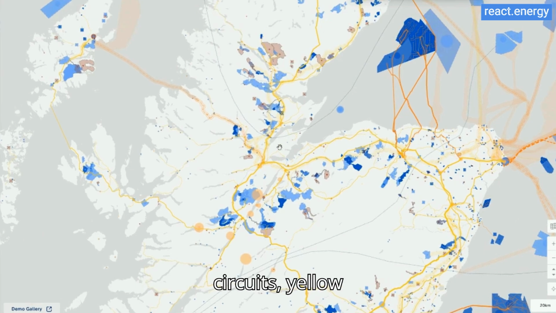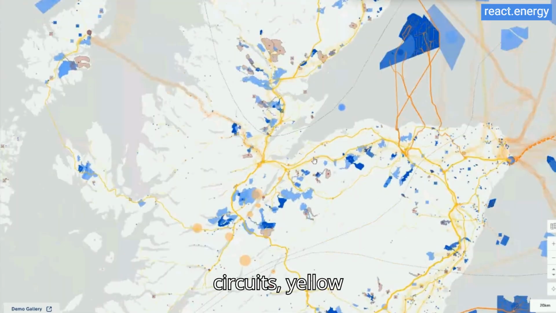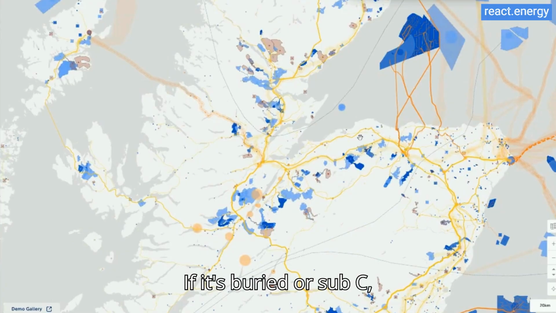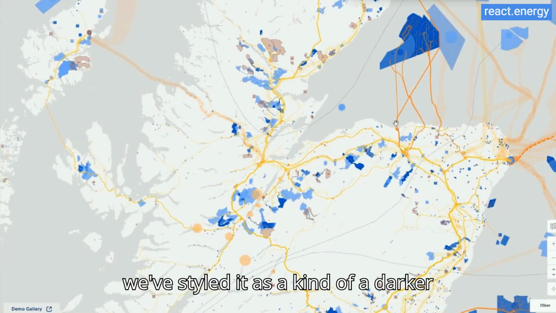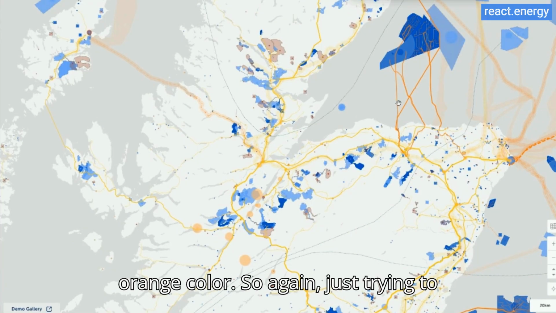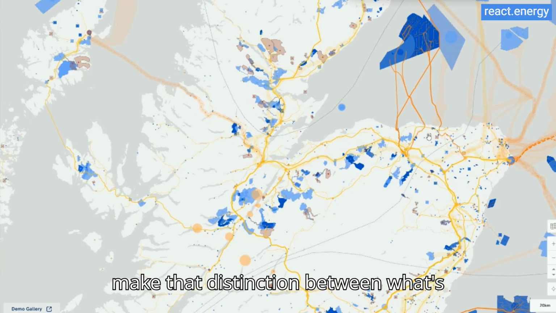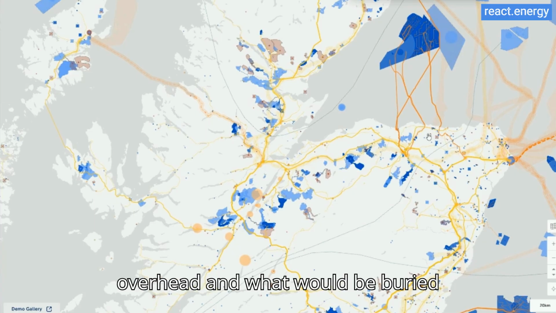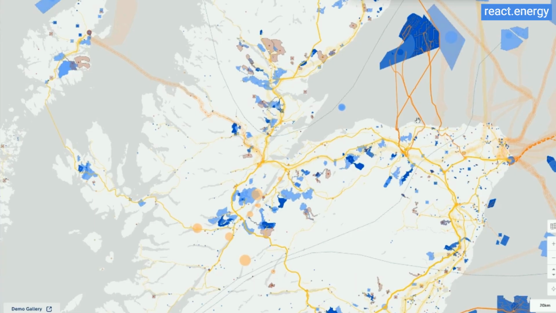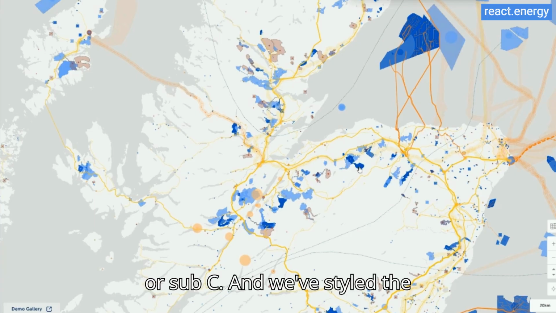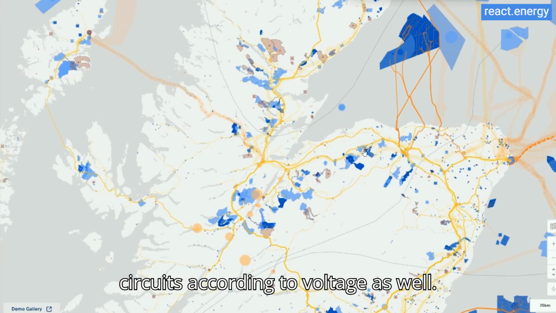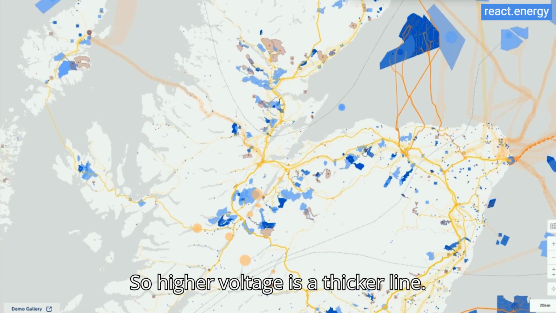On the circuits, yellow is all overhead lines. If it's buried or subsea, we've styled it as a darker orange color. Again, just trying to make that distinction between what's overhead and what would be buried or subsea. We've styled the circuits according to voltage as well, so higher voltage is a thicker line.